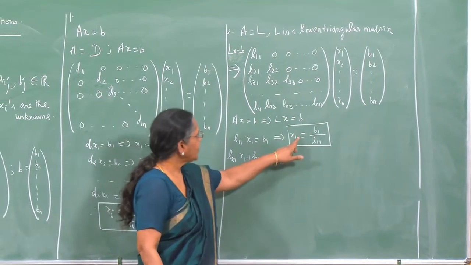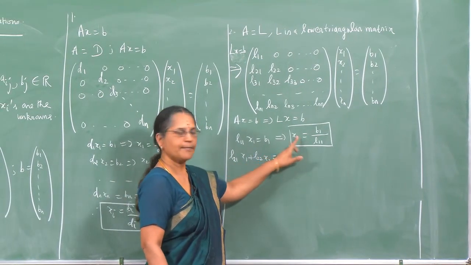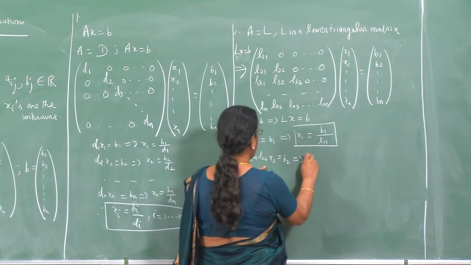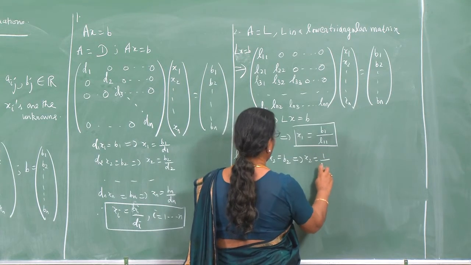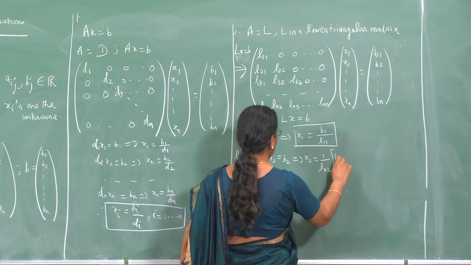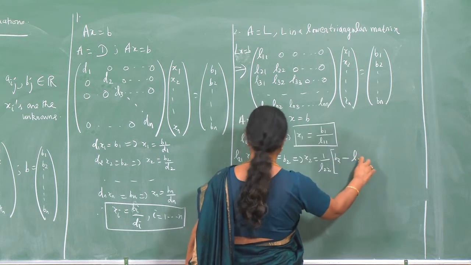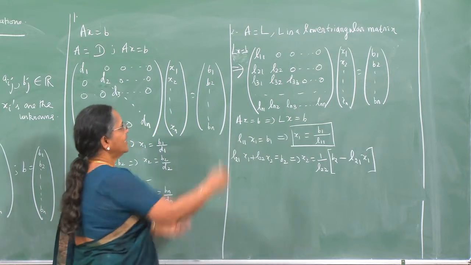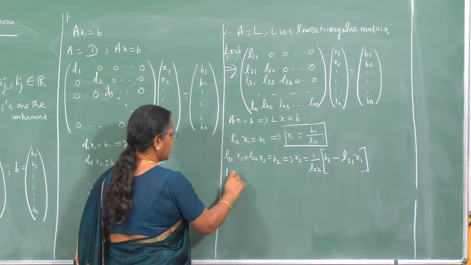You already have computed x1 here. So, this gives you x2 to be equal to 1 by L22 multiplied by B2 minus L21 into x1. Let us solve from the third equation.